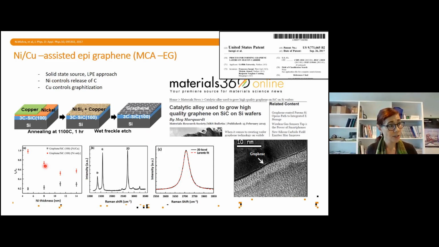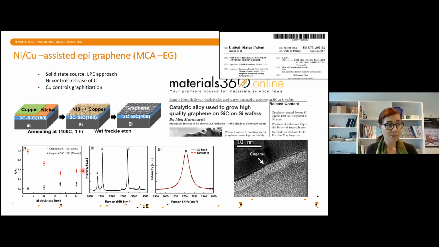And just to give you the idea of how this works, you have here a plot of ID over IG. If we were using only a thin layer of nickel, you would see that we would be most of the time pretty high in terms of ID over IG. But the combination of nickel and copper can get us pretty much down here, which is not perfect graphene.